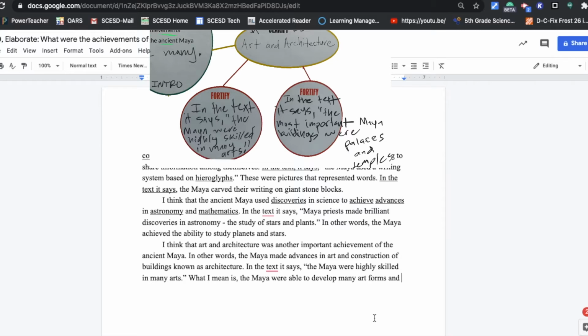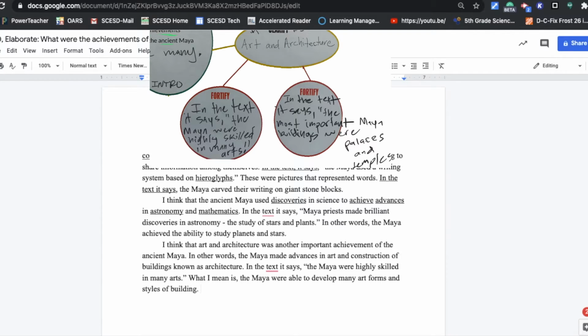So that's going to include both the art and the architecture, because we're talking about many art forms and then building styles, which of course architecture is the type or the way in which buildings are built.